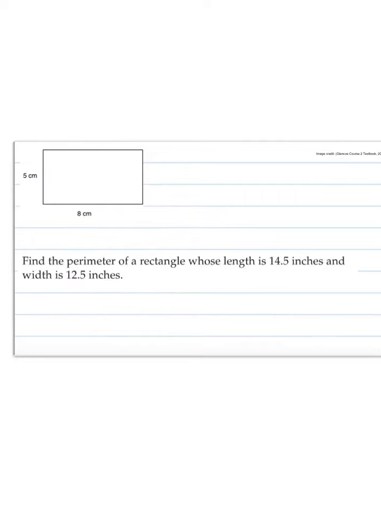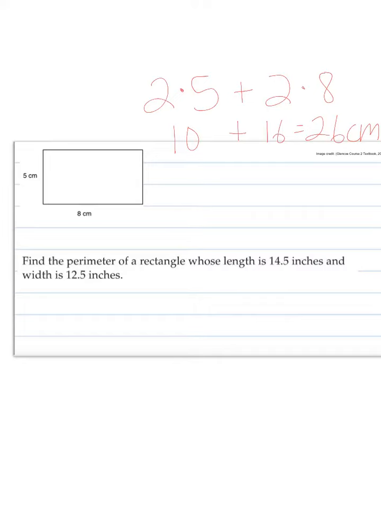Again, perimeter: the width is 5 centimeters and the length is 8 centimeters, so we take 2 times 5, for the widths, and add 2 times 8 for the lengths. 2 times 5 is 10, plus 16 equals 26, and you need to put a label. We're talking centimeters here, so the perimeter is 26 centimeters.